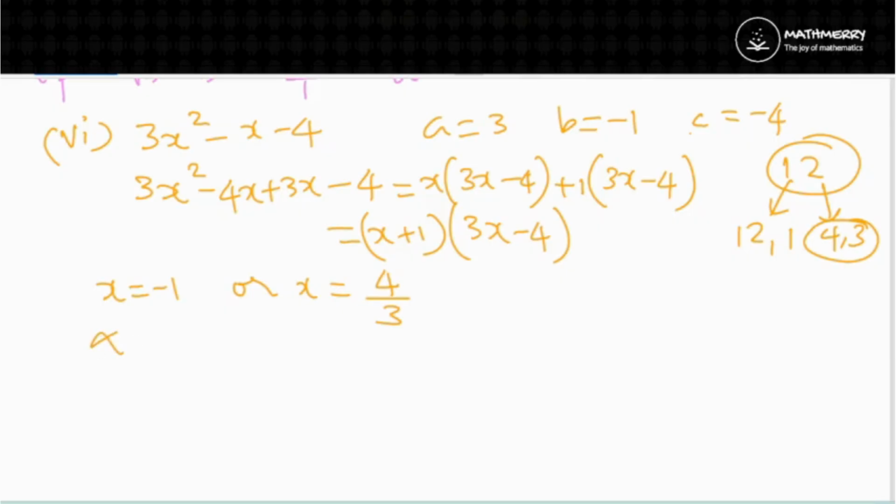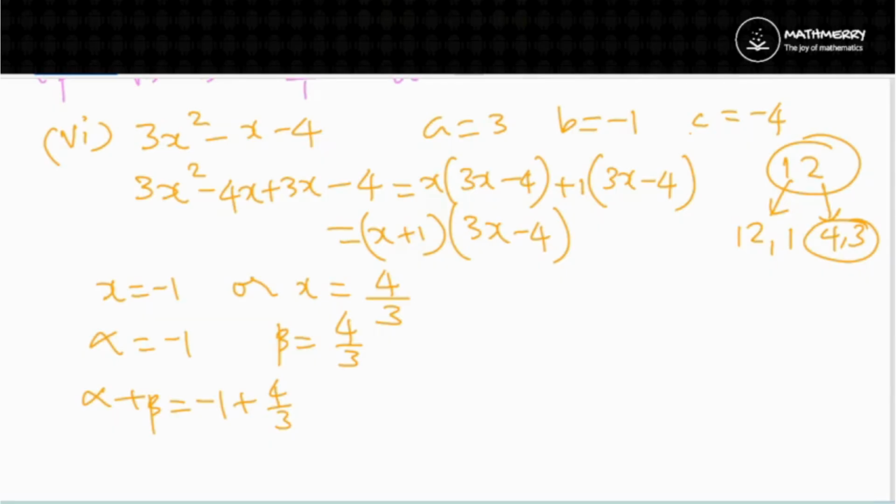Now alpha is equal to minus 1 and beta is equal to 4 by 3. So then alpha plus beta is equal to what? Or the sum of the zeros is equal to minus 1 plus 4 by 3.